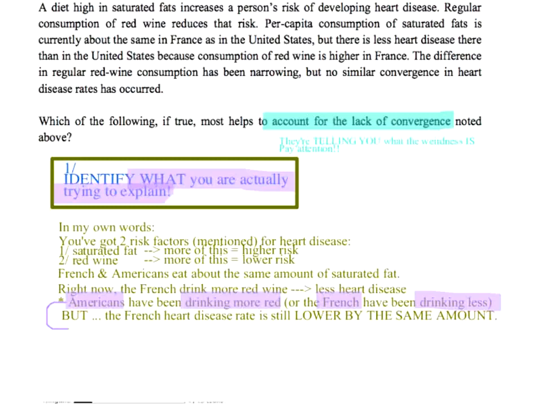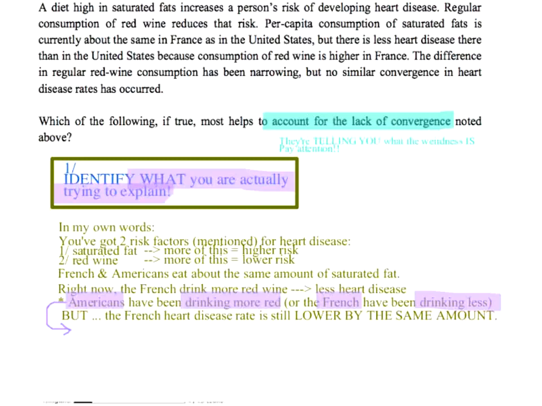Let's try to explain in words that a fourth grader would understand. You would expect the heart disease rates to get closer together.